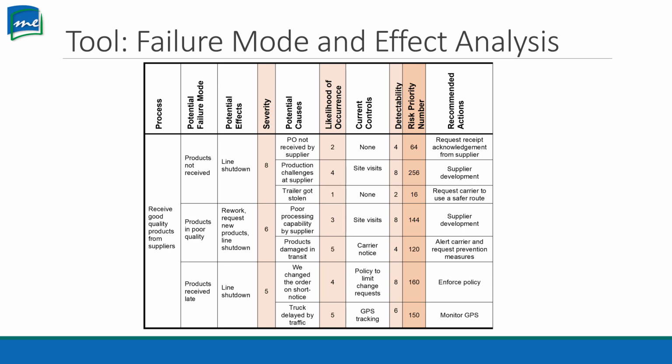What's a 7? What's a 3? You have to determine this. And this is not usually done by one person. It's usually done by a team. So you can get multiple people to give input on the severity, the likelihood of occurrence, detectability, and there might even be more potential failure modes than the 3 that are listed here.